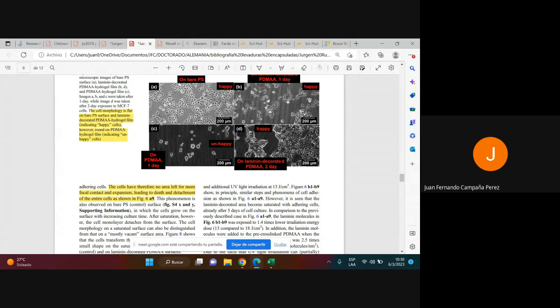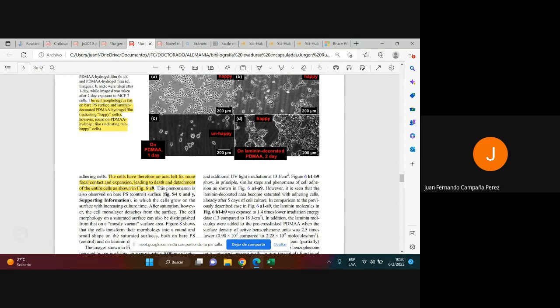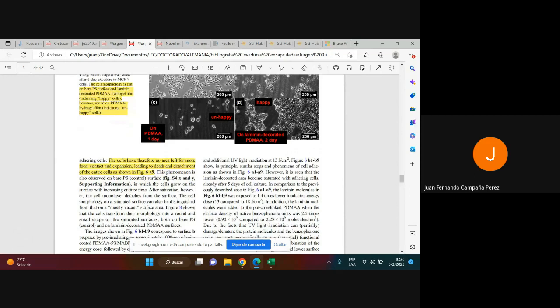But when they are full, they change their morphology, and they say these cells are unhappy.